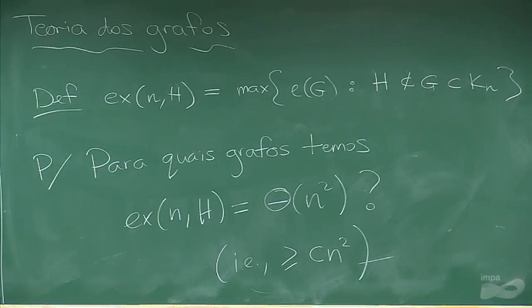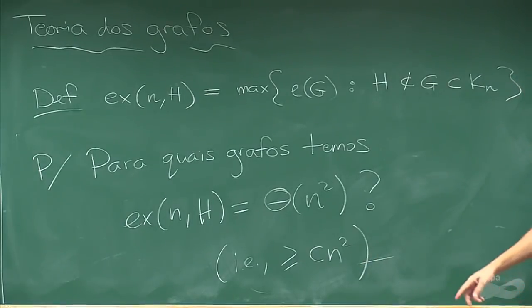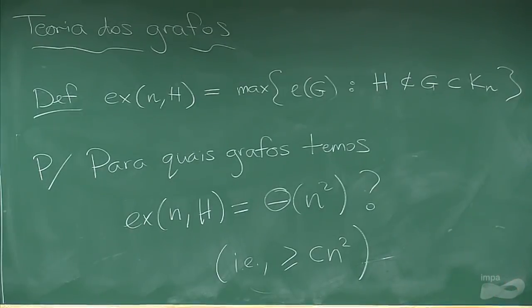Right, so it should be the denser the graph, the larger the extremal number. So that's a natural thing to try. Maybe try and give a construction. Can you give me a construction with order n squared edges that avoids lots of graphs? And the hint is yes, you can.